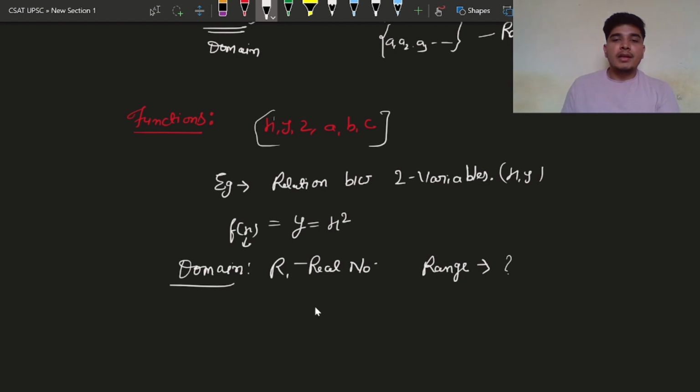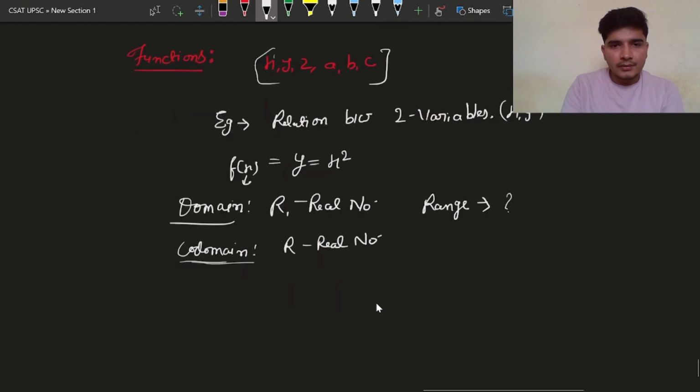In place of range we consider a codomain. A codomain is a superset of the range. Just to make the function clear, we suppose that whatever output we get will come from the codomain only. So here the codomain also we can consider as real numbers.